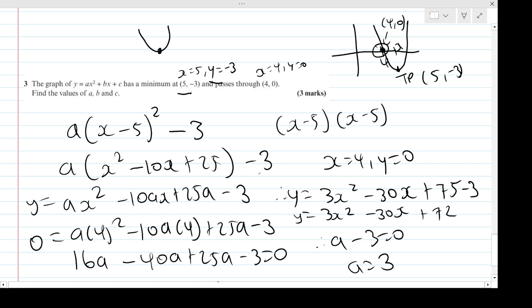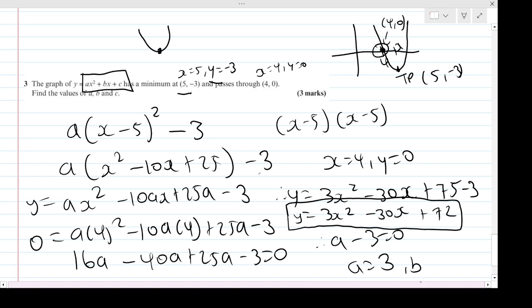Okay, and there we are. That is our quadratic found. And therefore it's set to find the values of a, b, and c, where a is 3. And then if you read off what they've given us in the answer here, b is clearly going to be minus 30, and c would be 72. And there we are. Cool.